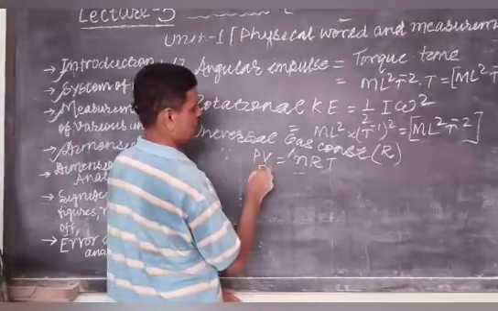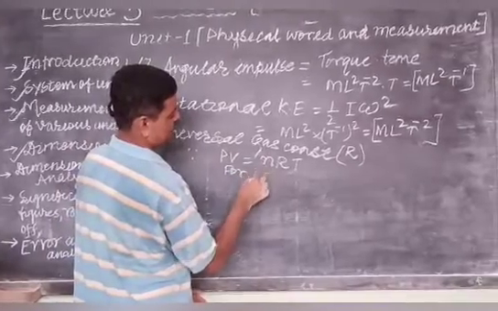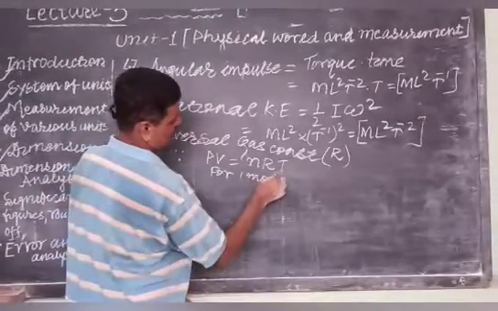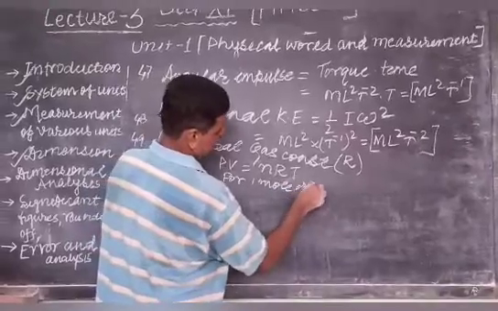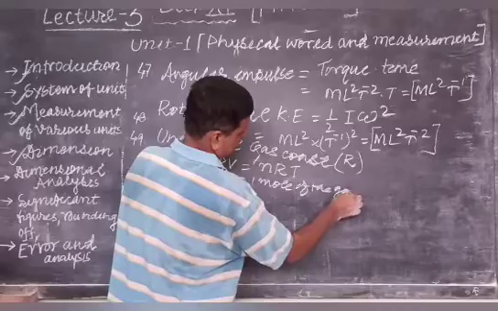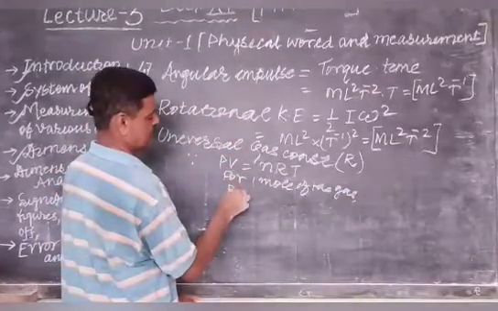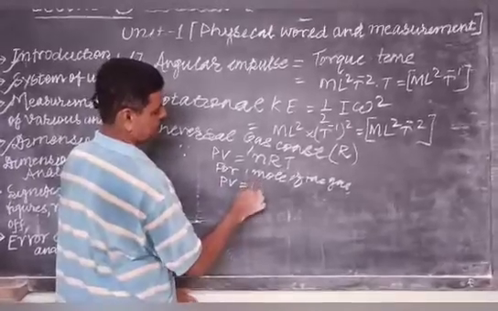For 1 mole of the gas, the formula will be PV equal to RT.